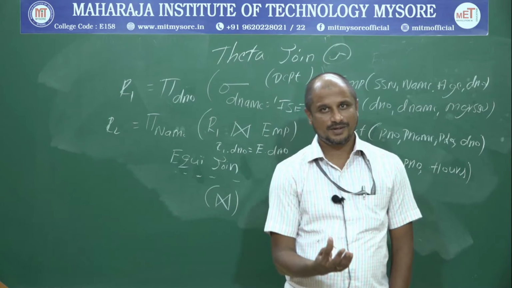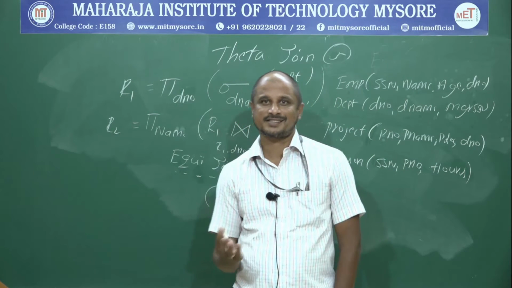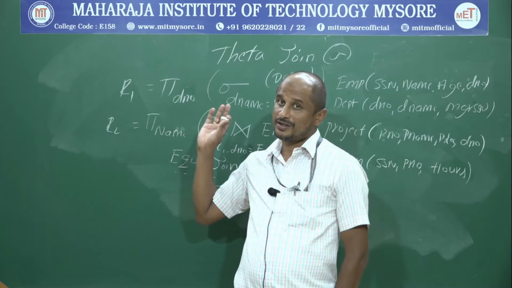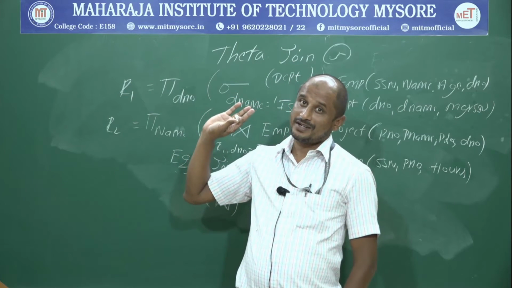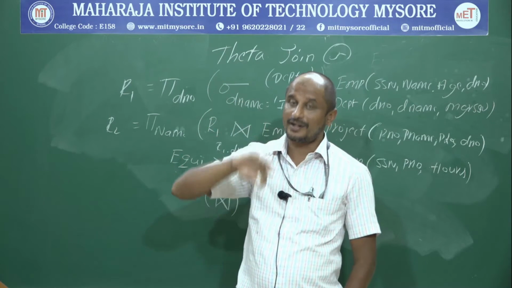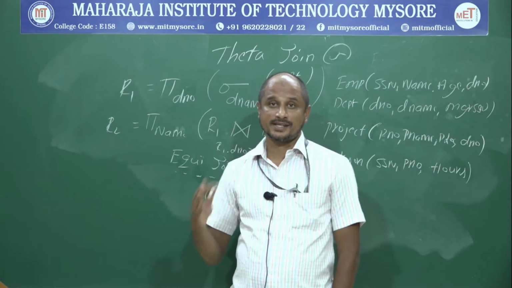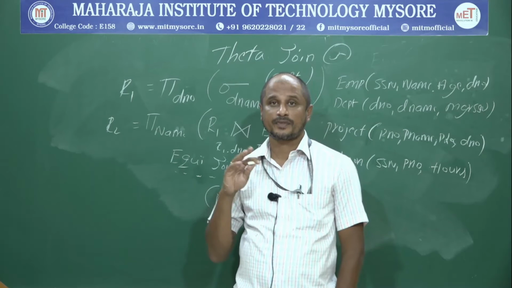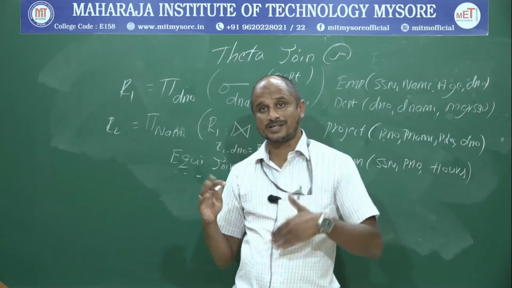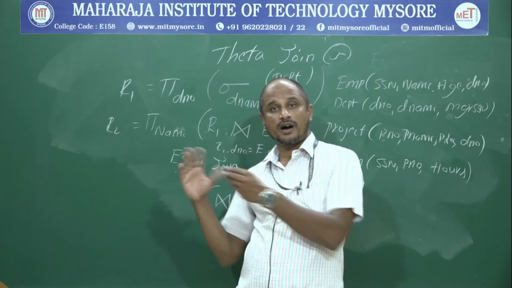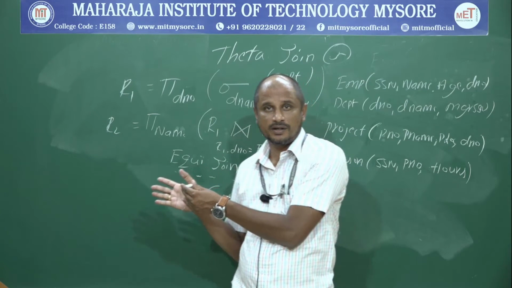The question is very simple: retrieve the employee names working for the IS department. I used the department table with D number and D name, with the condition D name equals ISC, and retrieved the D number into R1. Then R1 joins with the employee table.